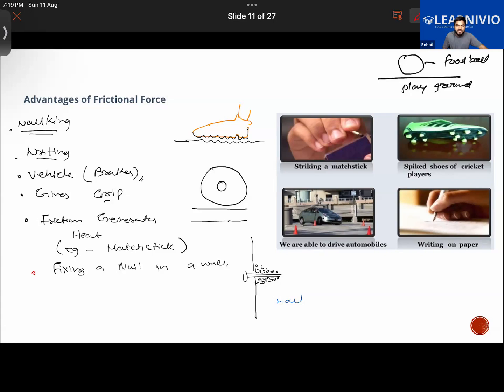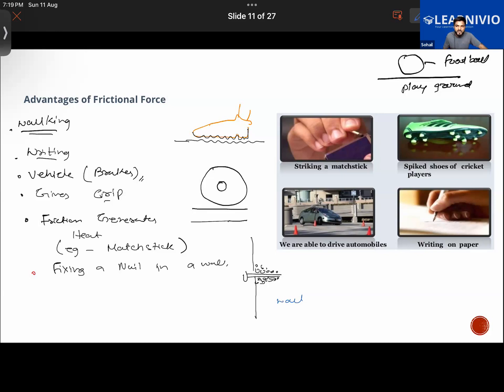Furthermore, you guys tell me, every building that you see around yourself, a frictional force is acting between the different bricks, different parts of the building. That is why that building exists in a stable state. It is standing upright. If there were no friction, would it not collapse?